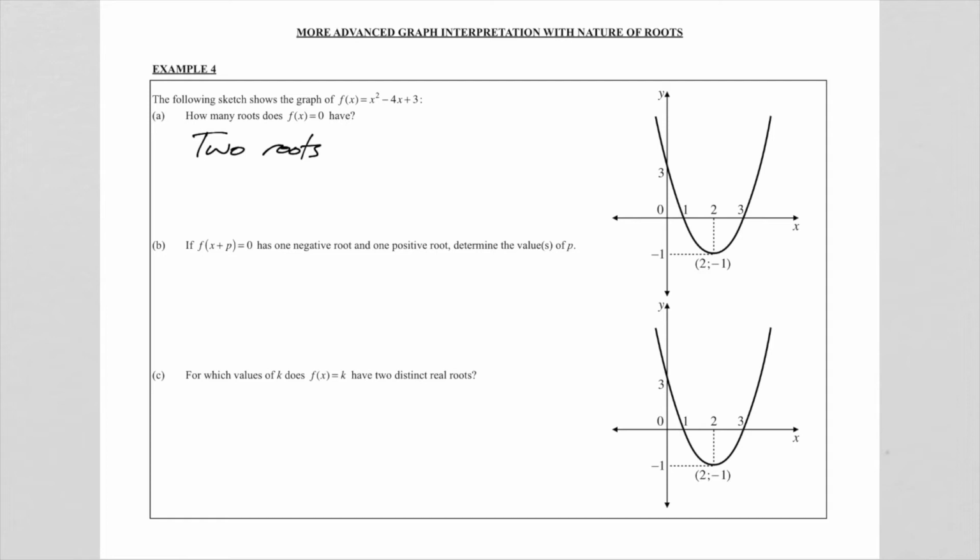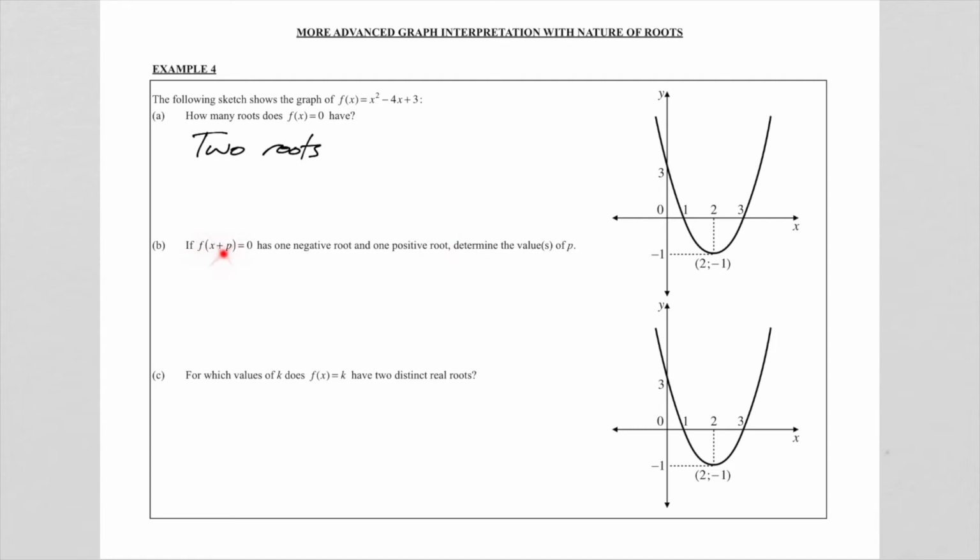In the next question, they say that if f(x + p) = 0 has 1 negative root and 1 positive root, determine the values of p. Now you will notice that if you look at this parabola, both roots or x-intercepts are positive. This question says to us that they want 1 negative root and 1 positive root.